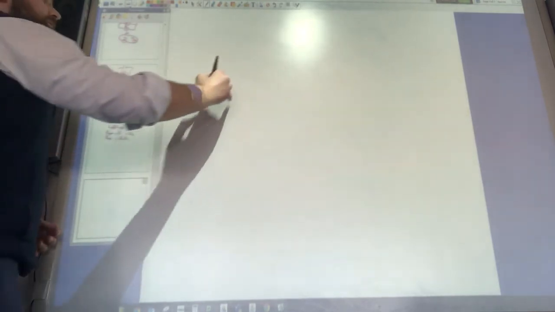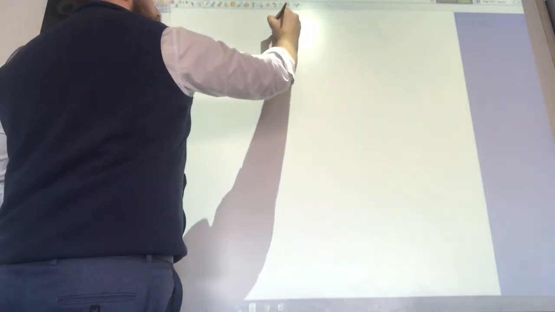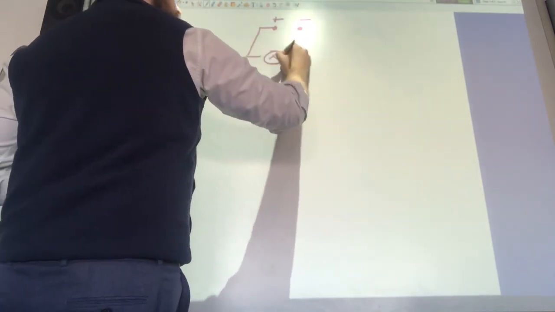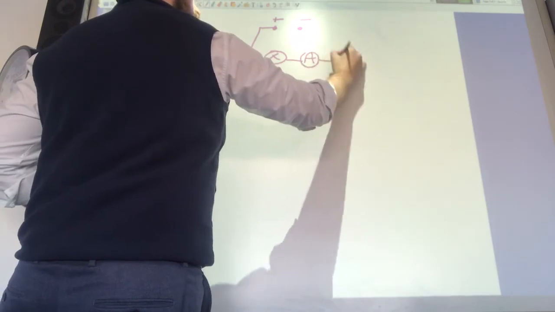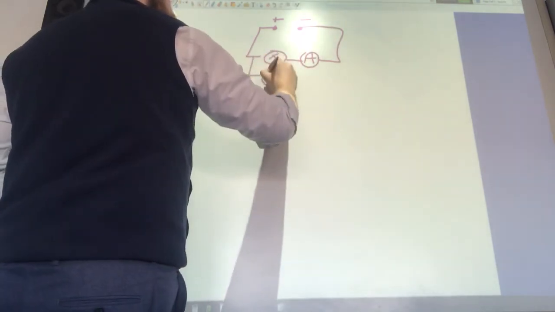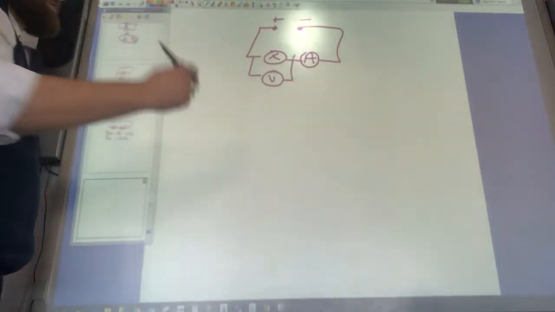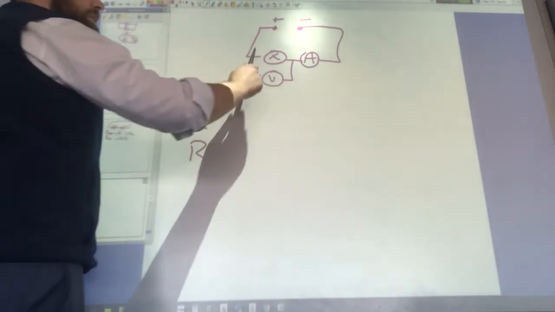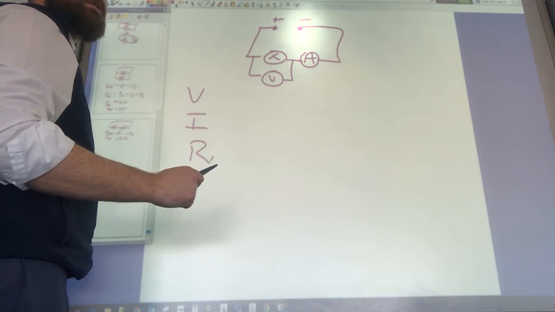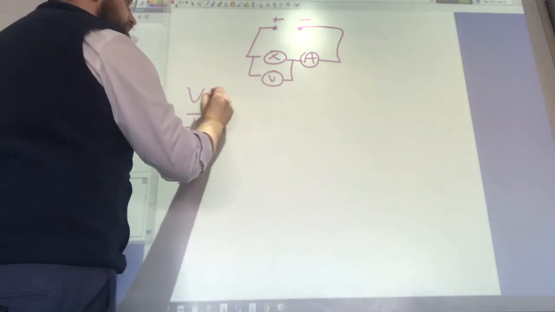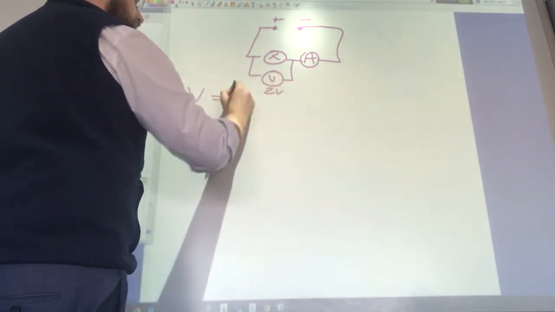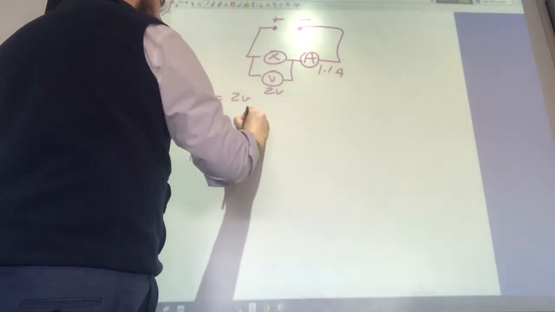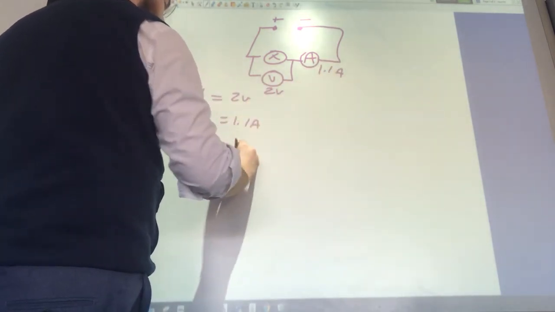The other thing is, if you're looking at a circuit, and they're asking you to figure out any aspect of resistance or current or voltage, V or I or R, how can you find the resistance from a circuit diagram like this? Well, you've got the voltage, so let's say it's 2 volts, and the current is 1.1 amps, and it's asking you to find the resistance.